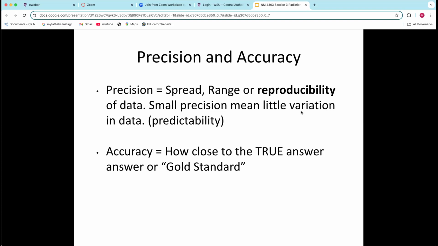For us, we're going to talk about counts, the amount of counts that we get, and the counts we are required to get in nuke med. More counts means more precision. If we have small variation in what the counts look like, then we have reproducibility. The other one is accuracy, or how close to the true answer or gold standard you are. So it's spread of data versus what we're trying to get to.